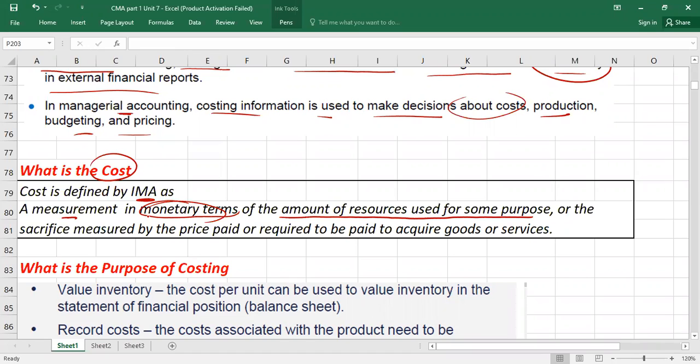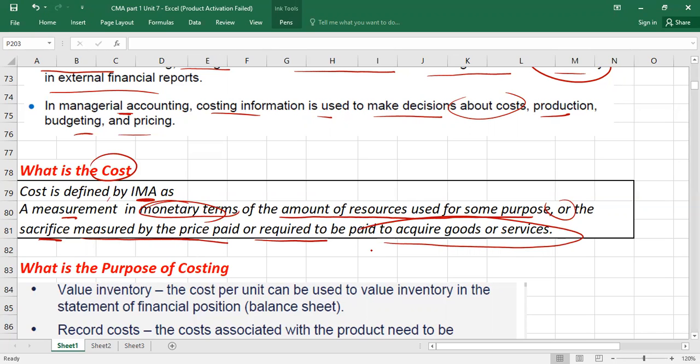Understood? Sometimes cost is defined this way also. This is the other part of the statement, and you will agree with me. The sacrifice measured by the price paid or required to be paid to acquire goods or services. Sometimes we buy goods or services.